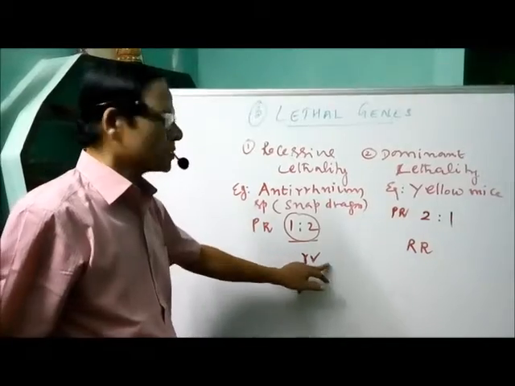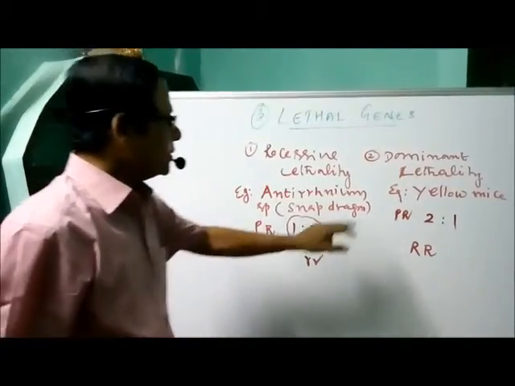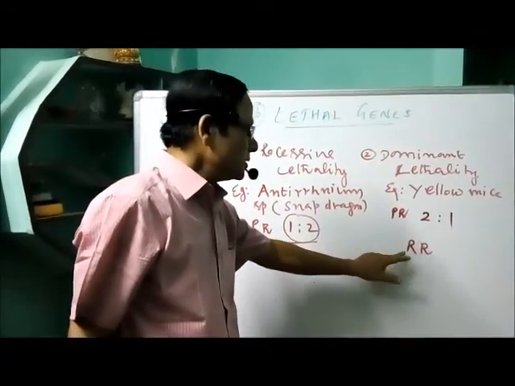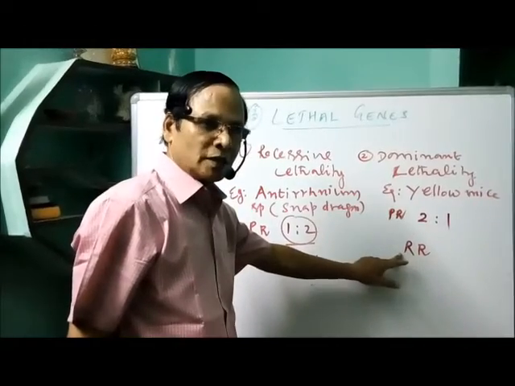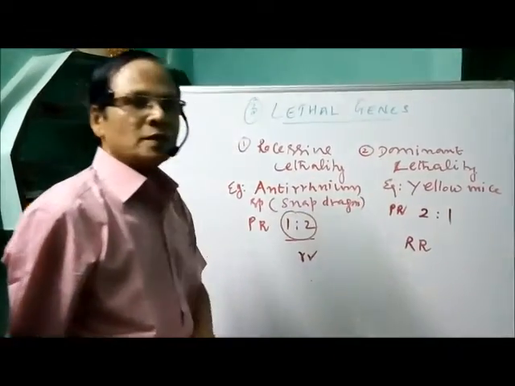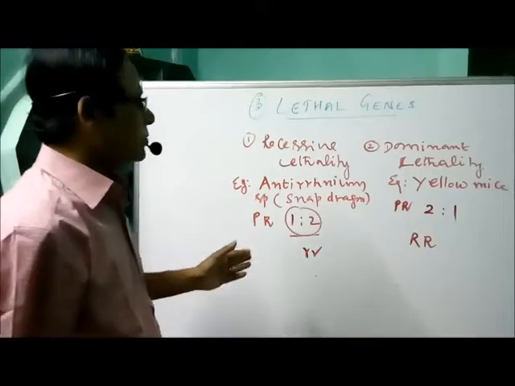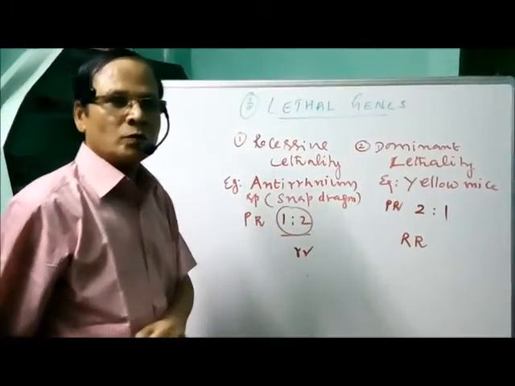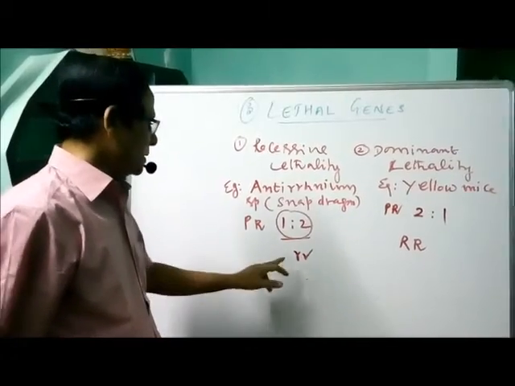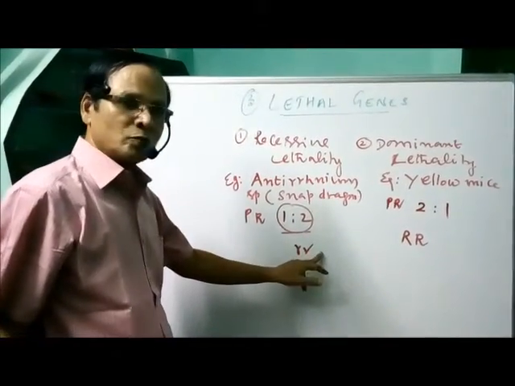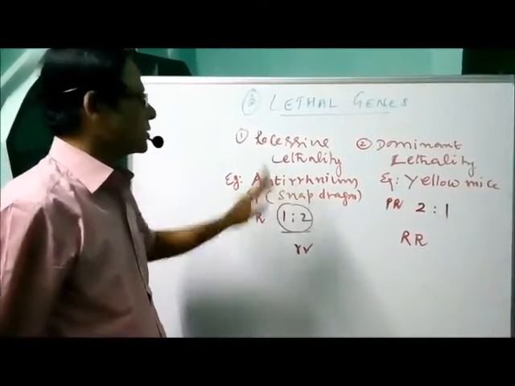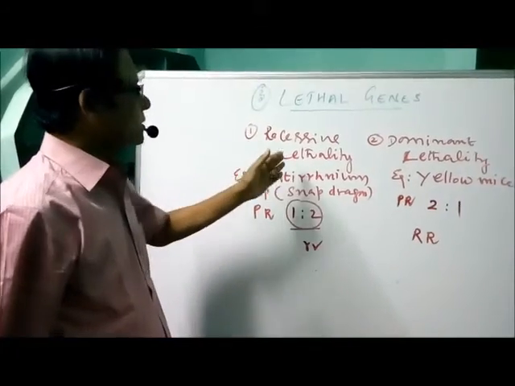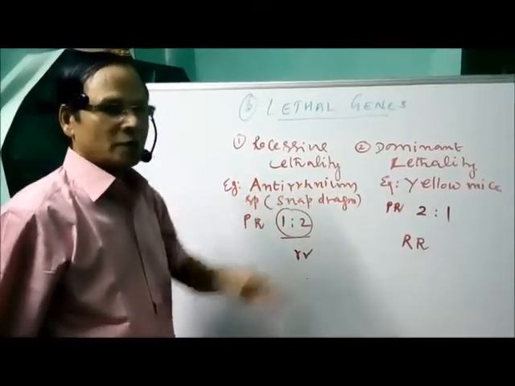In dominant lethality, the genes in homozygous dominant condition cause the death of the organism. So this is called recessive lethality and dominant lethality.